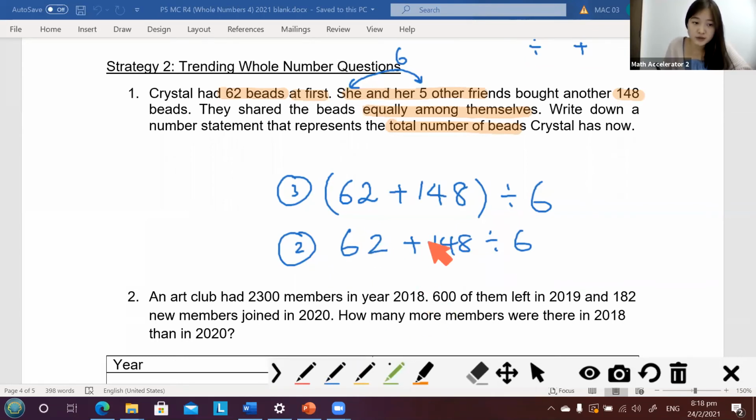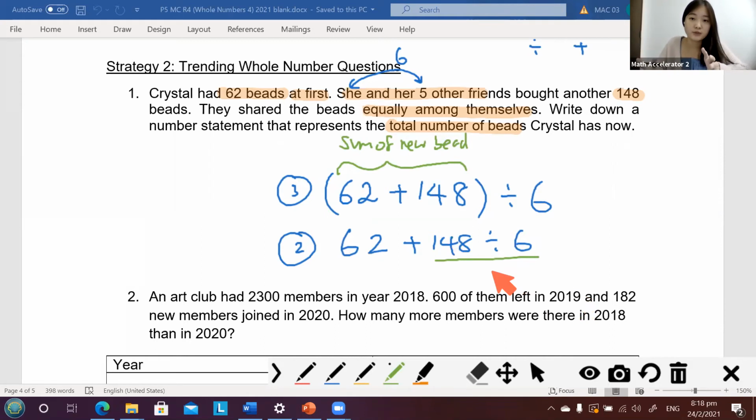So if you went to solve this, you would divide this first, then add the 62, which is not correct, because they are dividing the sum of the new number of beads after they added the 148. If you didn't put the bracket, you go and divide this first. You're not dividing the actual new number of beads that was added up, 62 plus 148. You will end up dividing 148 by itself and adding 62, which is not correct.